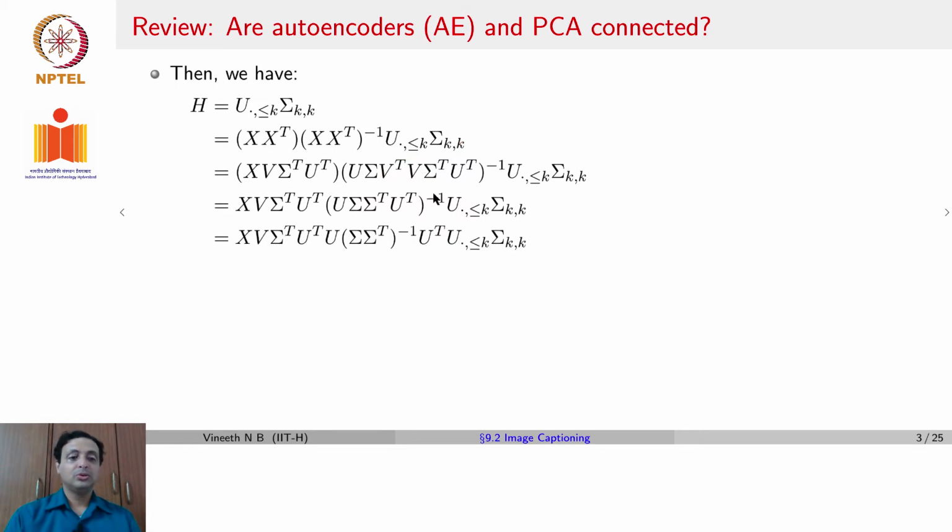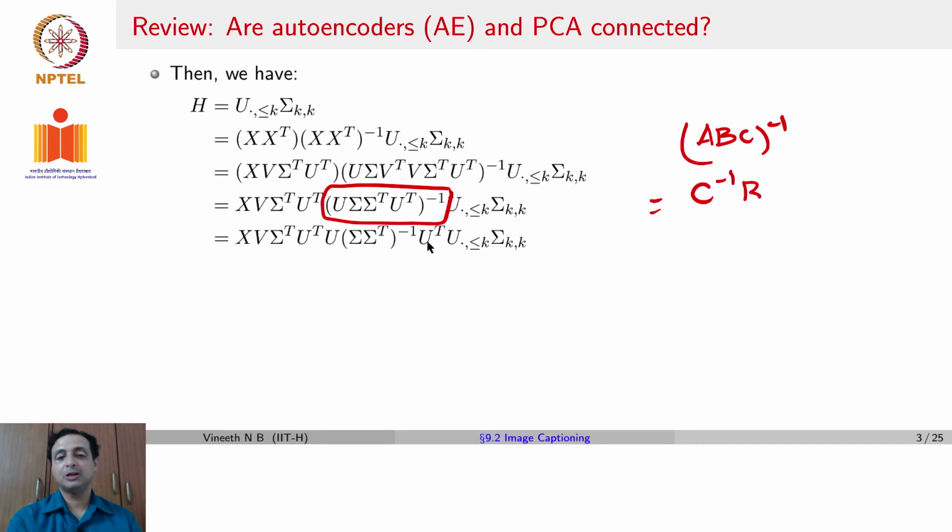Now you can also write this as the first U coming out here and you have sigma sigma transpose whole inverse U transpose. How did this happen? This comes from the inverse of this matrix here. Remember, if you have A, B, C, three matrices, whole inverse, that's given by C inverse, B inverse, A inverse.